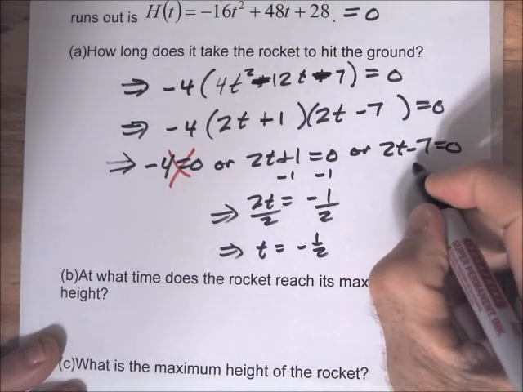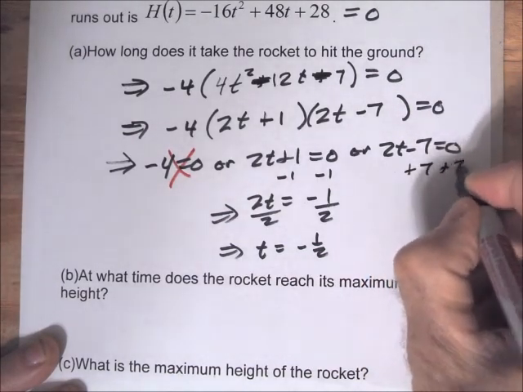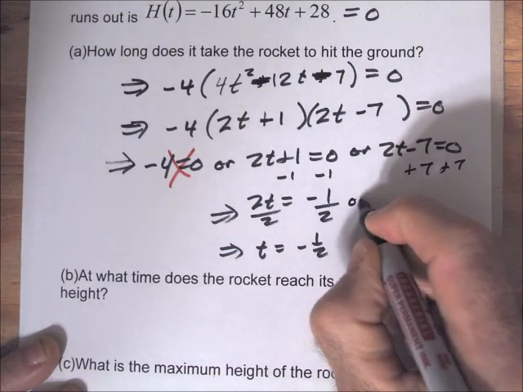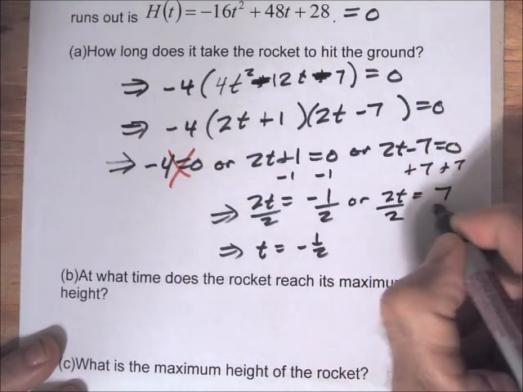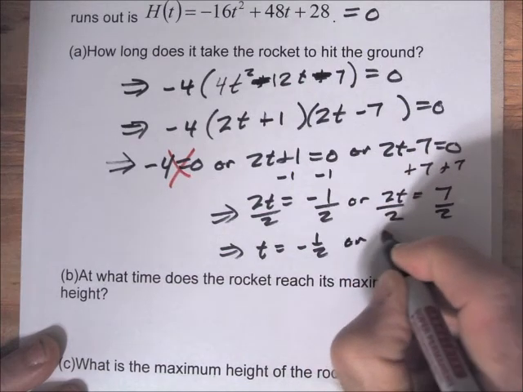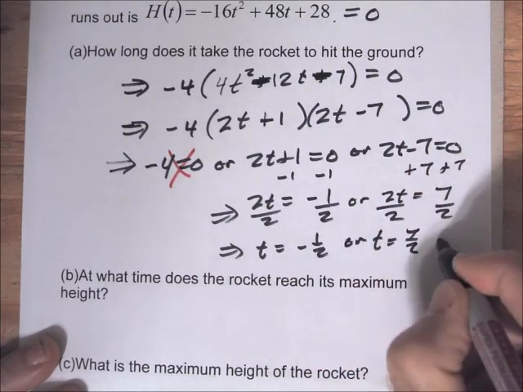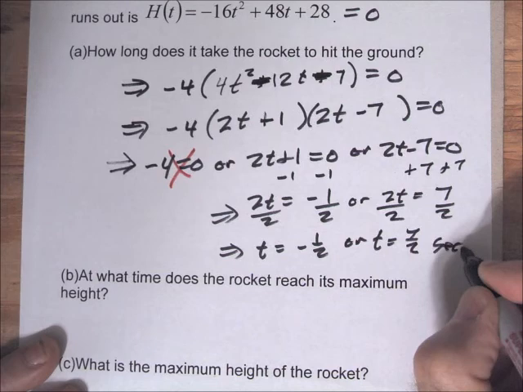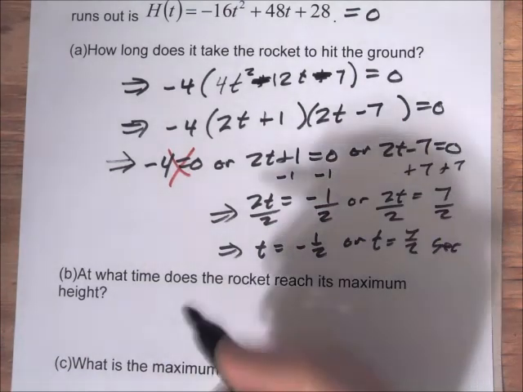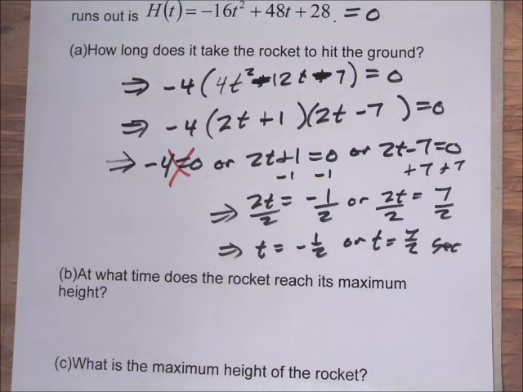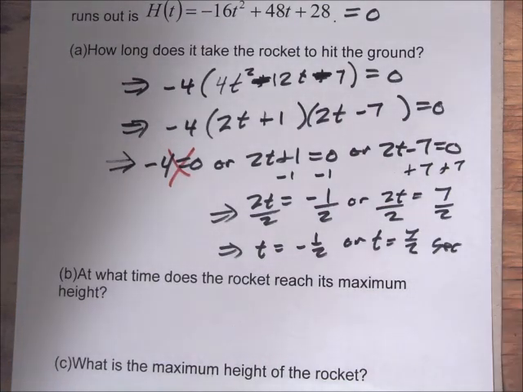If we add 7 to both sides, we get 2t equals 7, divide by 2, and we get t equals 7/2 seconds. So that's 3.5 seconds. That's how long it takes to hit the ground. The other solution is going back in time. So this is the one we want.